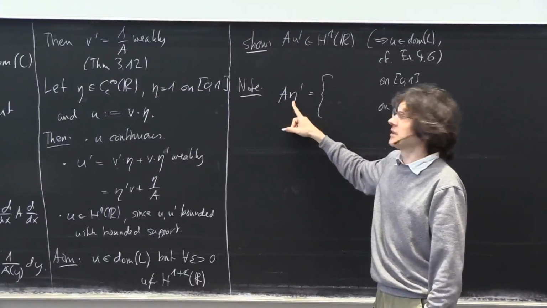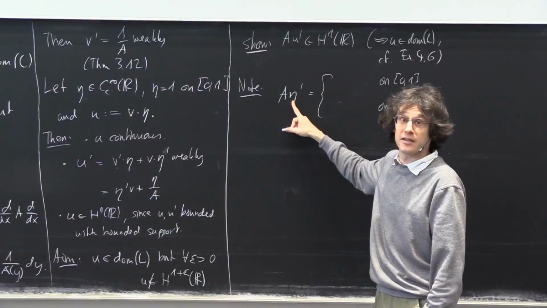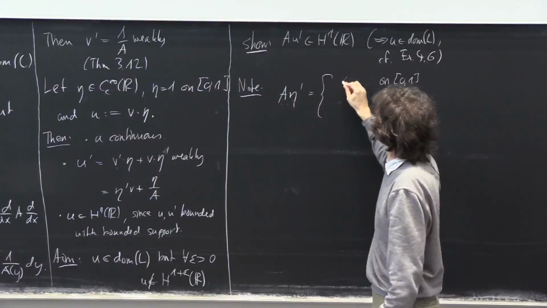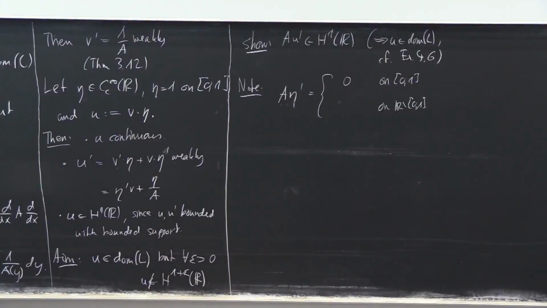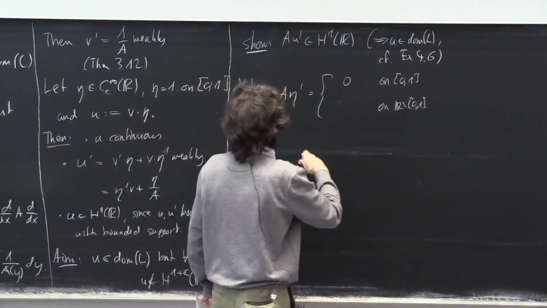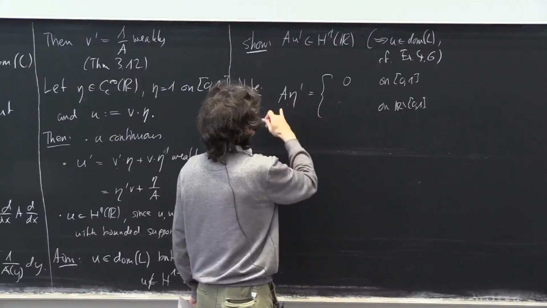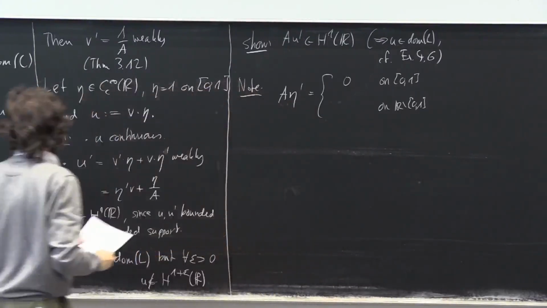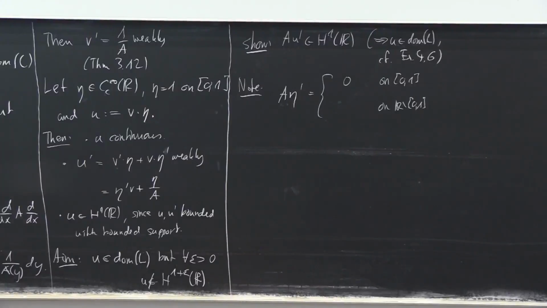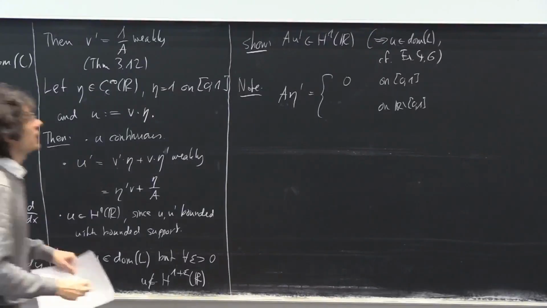But this function eta is constantly 1, so if you differentiate, this is 0. Something awful times 0 is 0. It's nice, so we do not have to bother about what the A is on 0, 1. That's just 0. And what happens outside of 0, 1? Outside of 0, 1, the A is just 1. So outside of 0, 1, this is eta prime.